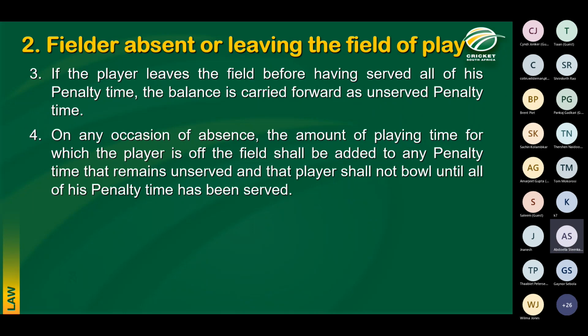But after 10 minutes, Johnny left the field again. Let's say again, Johnny says, oh, I've injured my knee, I now need to go off. So at 10 past 11, Johnny went off the field again. So how does penalty time work? I said to you, it works as a balance. You take the total time that he was off.